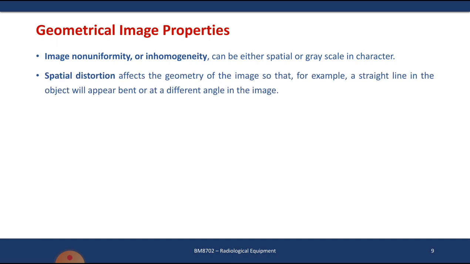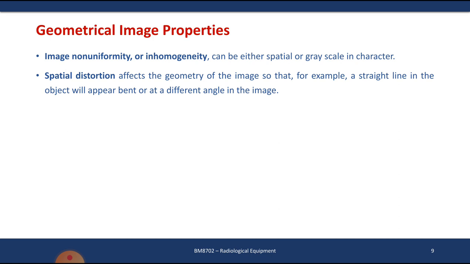So spatial distortion affects the geometry of the image. For example, let's say you are taking a selfie with your camera. When you keep the camera straight to your face, it will look different. When you keep the camera down, your face will look enlarged. When you keep the camera up over your head, your face will look small. It's the same object, but you are looking at different angles, so the object appears at different dimensions, right?